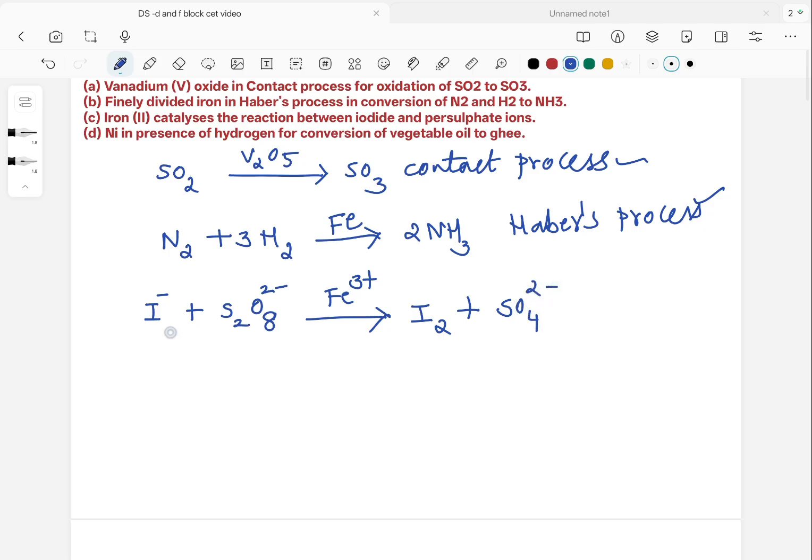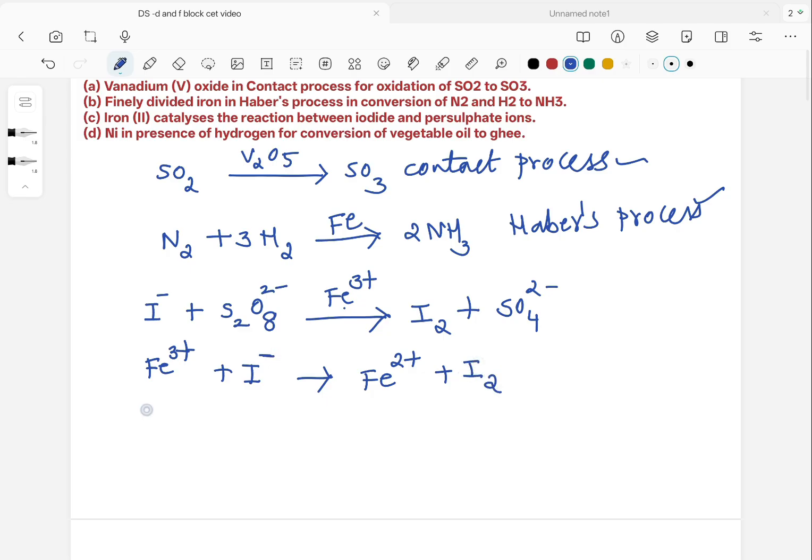Actually, when we look into the mechanism, first ferric ion reacts with iodide and forms Fe2+, meaning ferric gets reduced to ferrous ion and oxidizes I- to I2.